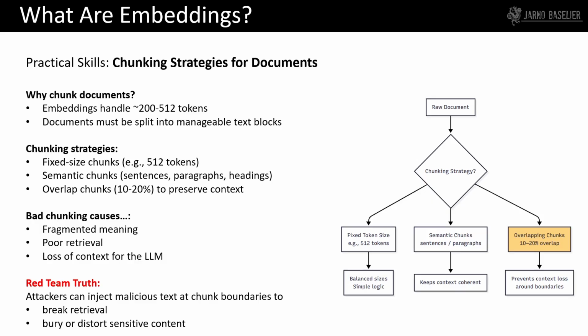If you use semantic chunks, for instance sentences and paragraphs, this will keep the context coherent. And if we work with overlapping chunks, then this prevents context loss around the boundaries. For red teams, attackers can inject malicious text at chunk boundaries to break retrieval and bury or distort sensitive content.